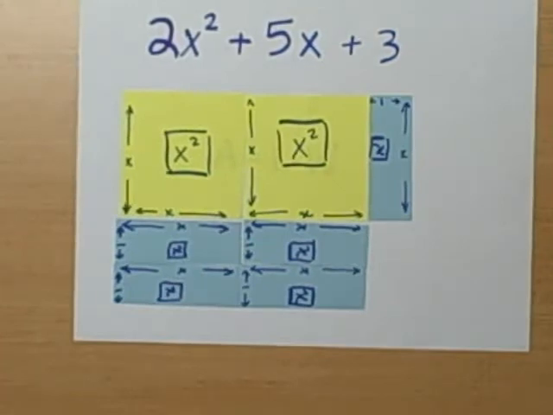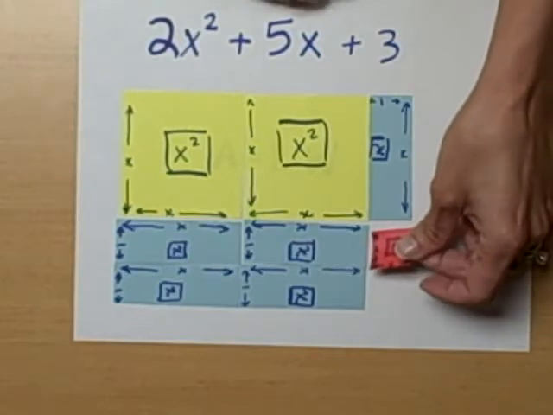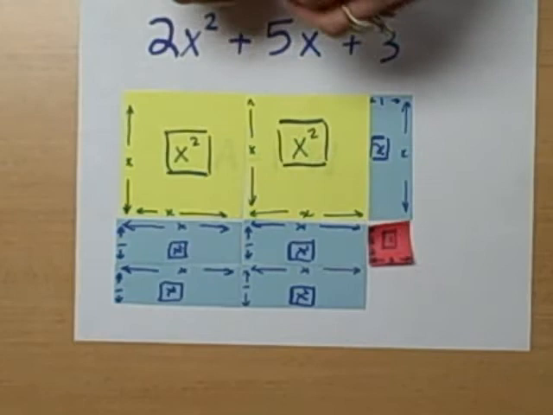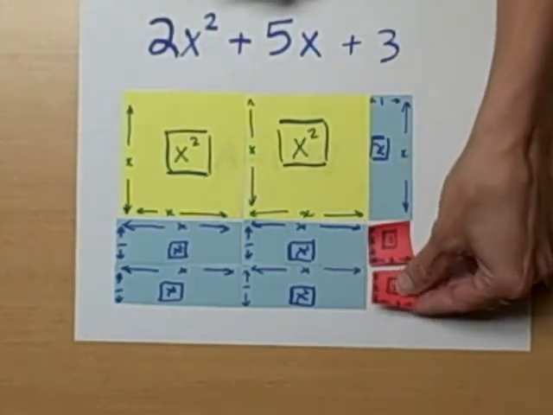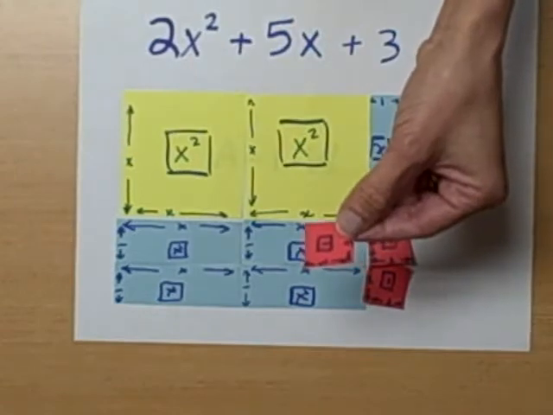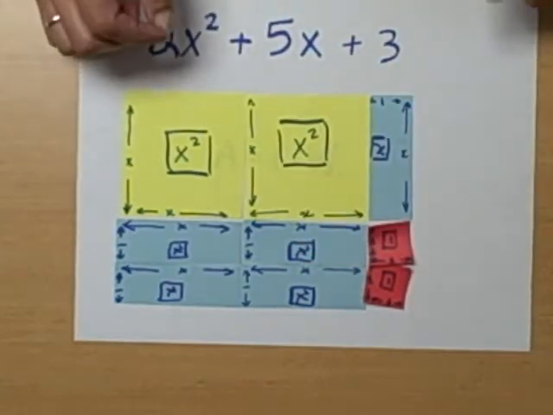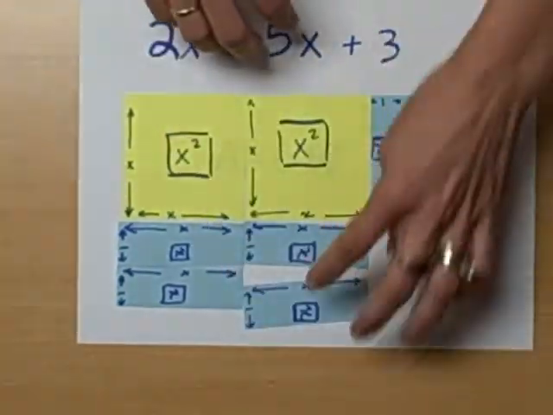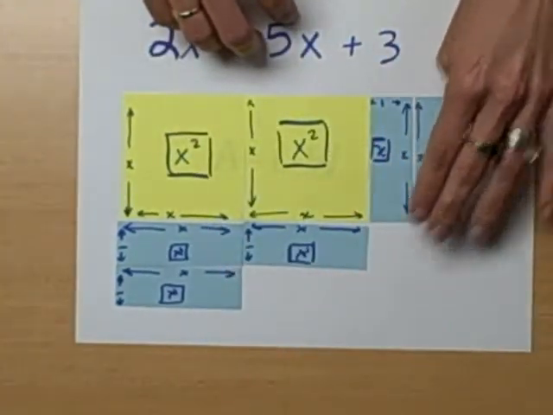Then I have this little one and this little one, but I still have this one left over, so let me try to rearrange this a different way. Let's see, maybe I can put these over here.